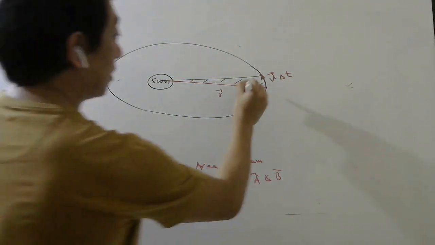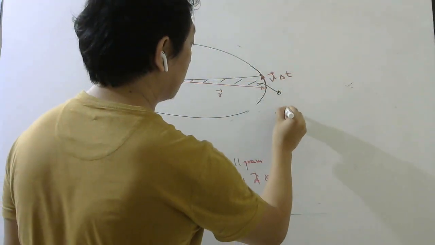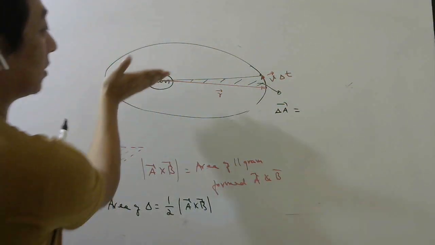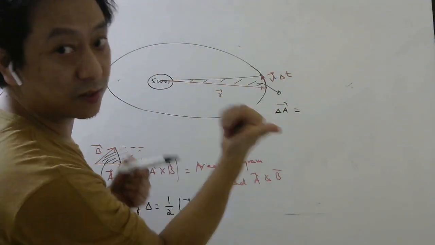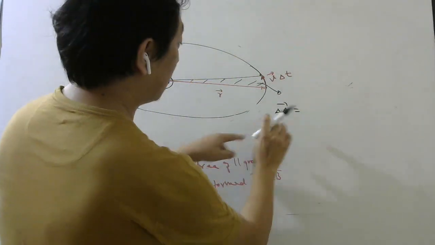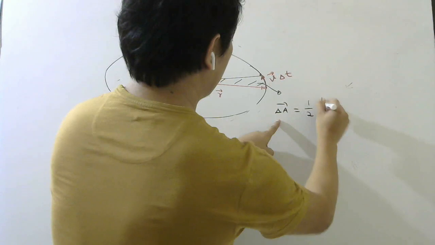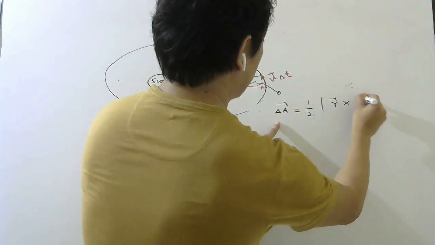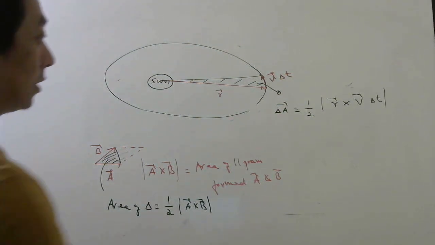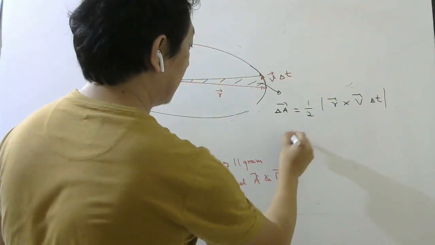Okay, so the area of this triangle, delta a bar, let me write, will be r bar cross this. Anyways, you know the area vector is perpendicular to the plane of the area. So this area vector I can write as half into the cross product of r bar cross v bar delta t. Okay, now delta t is just a scalar, so let me divide by delta t.